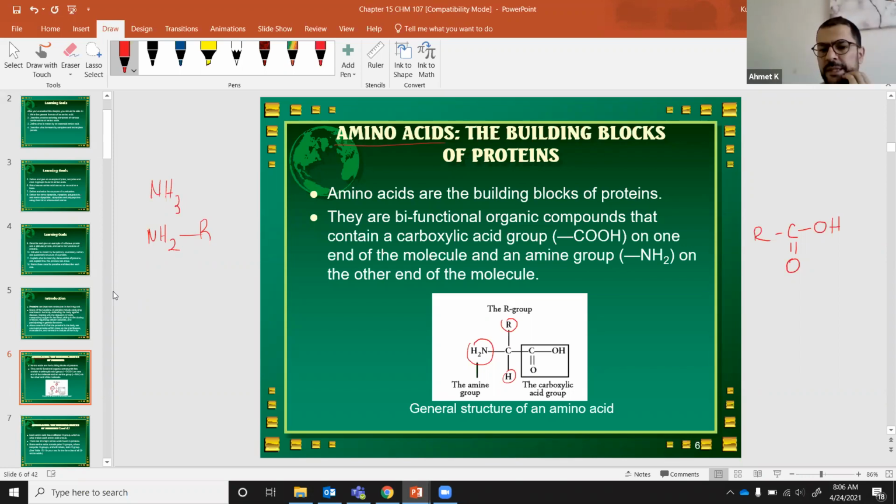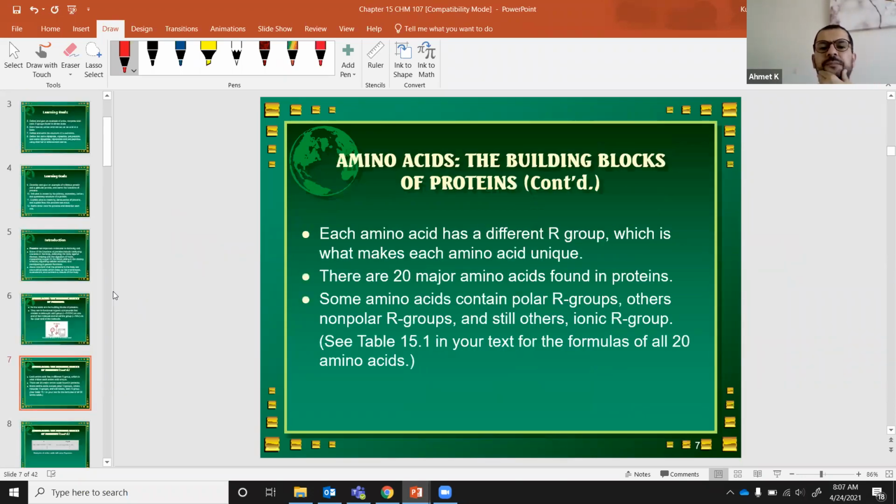Okay, so let's take a look a little closer. Again, if you change the R group, then you're going to have a different amino acid. And we have, believe it or not, 20 major amino acids in the proteins. All of the proteins that we have in our bodies are based on these 20 amino acids. You don't have hundreds of amino acids.